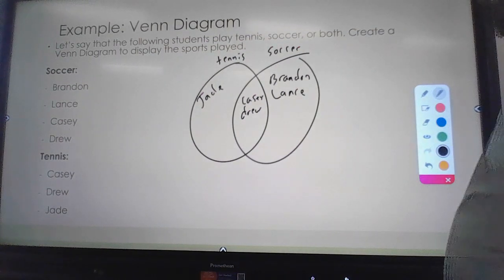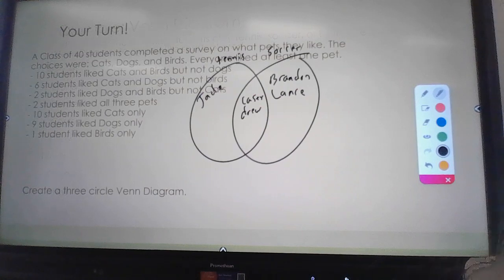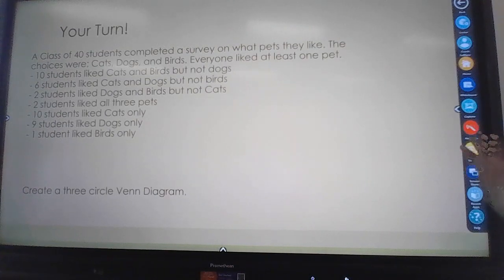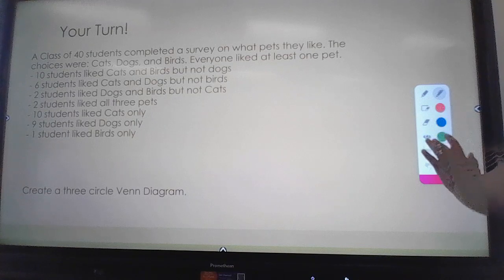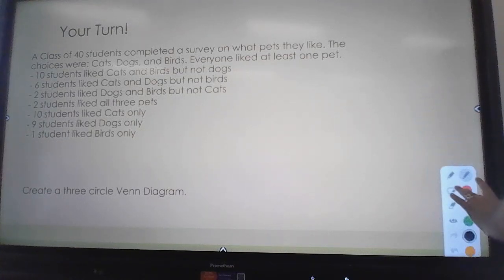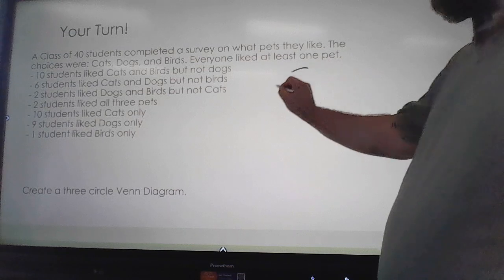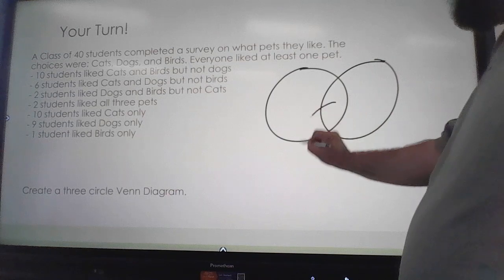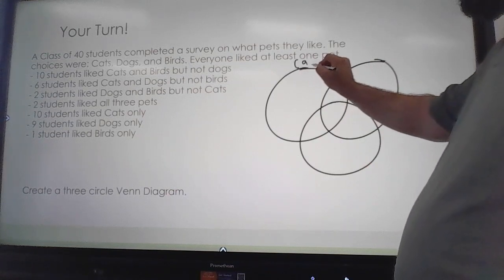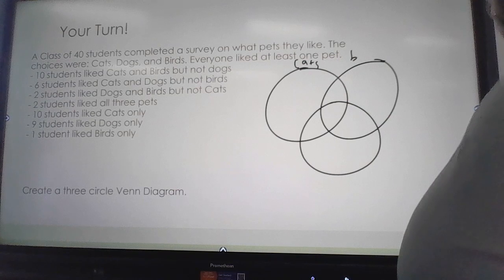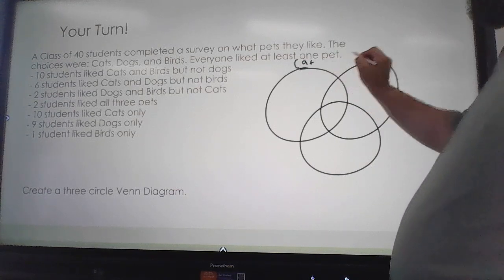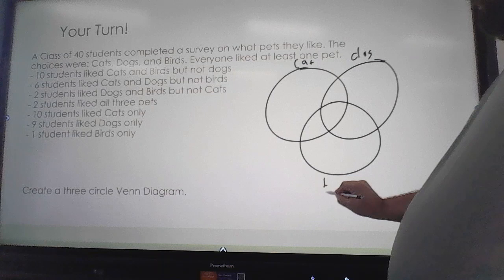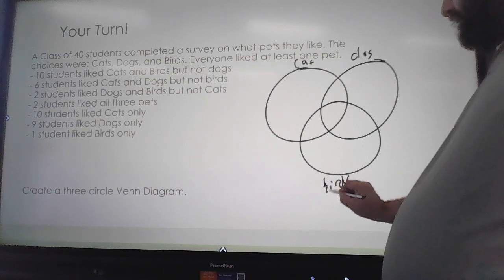Now, can Venn diagrams apply to more than two categories? Yes. Let's look at that with this example. So I have people who like cats, I have people who like dogs, I have people who like birds, right? We'll say this is cats. We'll say this is, I'll let that one be dogs. All right.